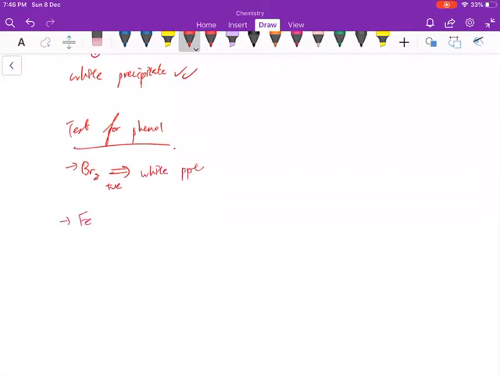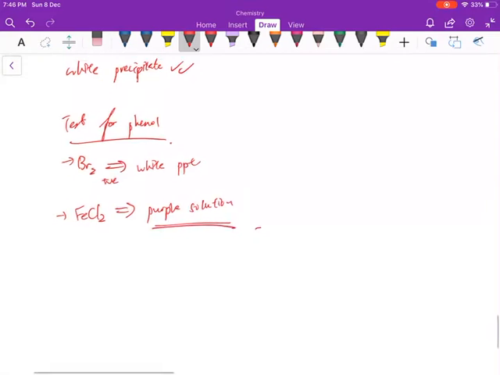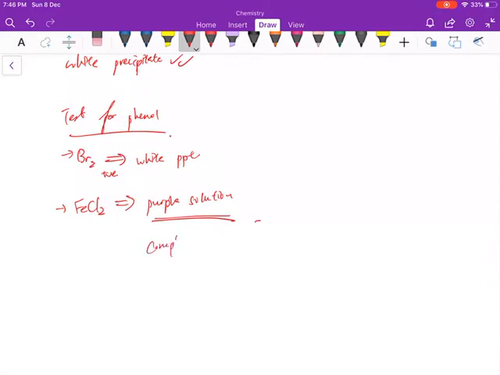We could also add iron chloride. This gives a purple solution. Well, if you want to know what this purple solution is, it's really a complex between iron chloride and phenol.